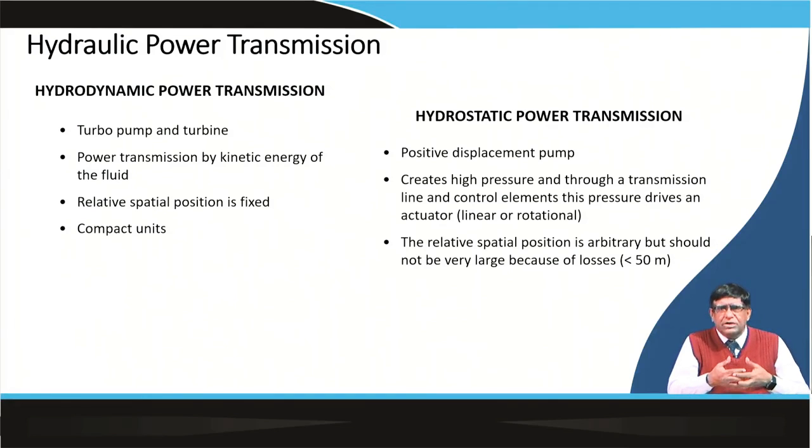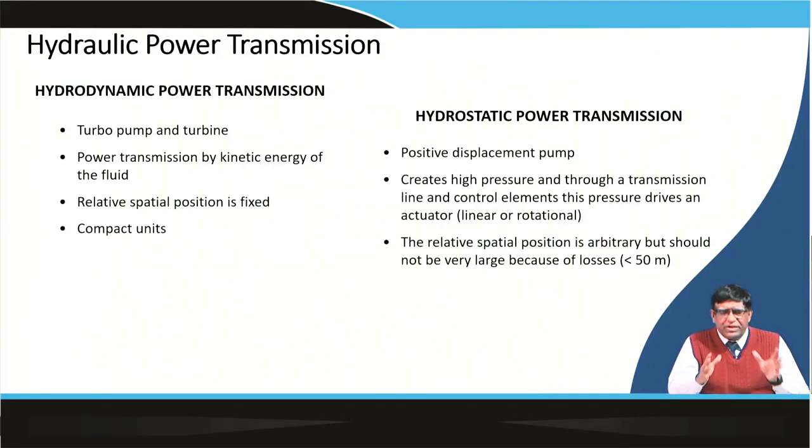You might have heard of the turbomolecular pump, where you can create a very good vacuum. Or the turbines in hydel power stations, where water runs the turbines and rotates them. In a wind mill also, in wind power generation, the blades move and make the turbine rotate, and you generate electricity from that.